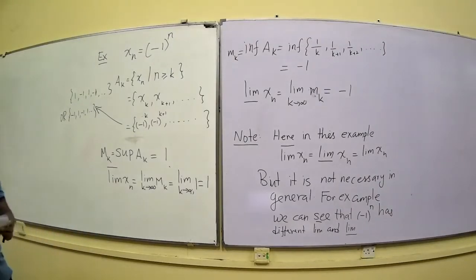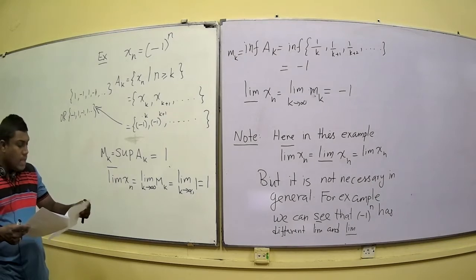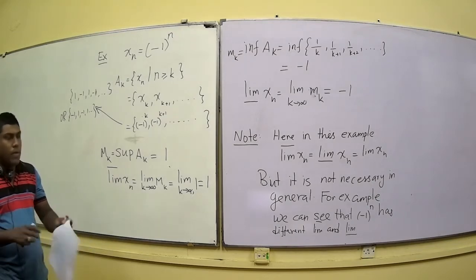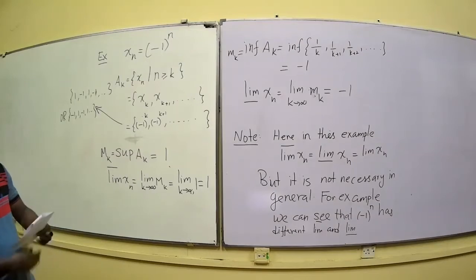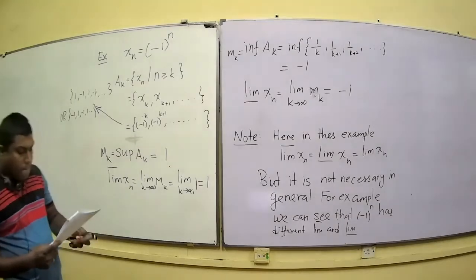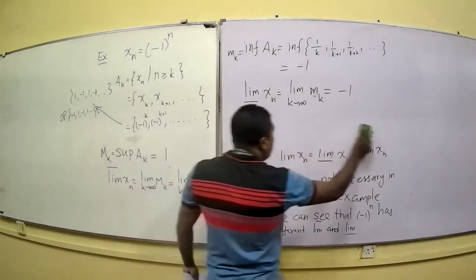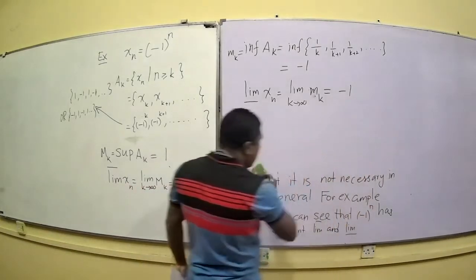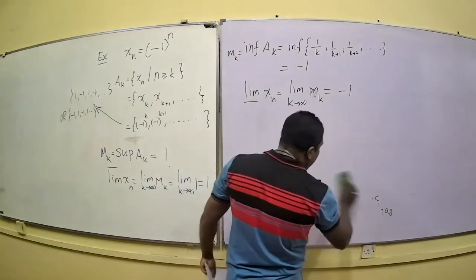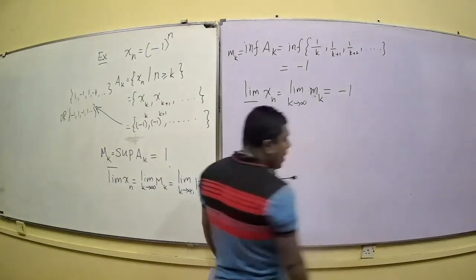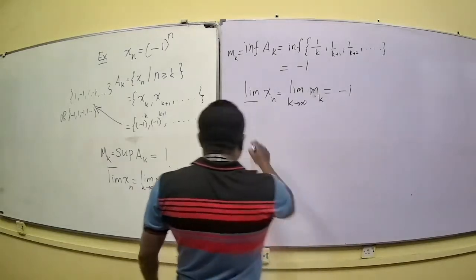So there are examples where the lim sup and lim inf are equal, and there are examples where they are different as well. So you can have both types of cases. Let me give you one homework, and then we will talk about in what cases the lim sup and lim inf are equal, and in what cases they are different.